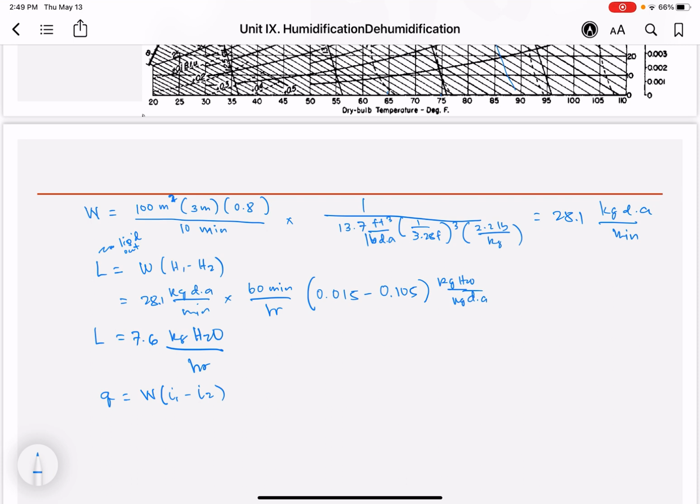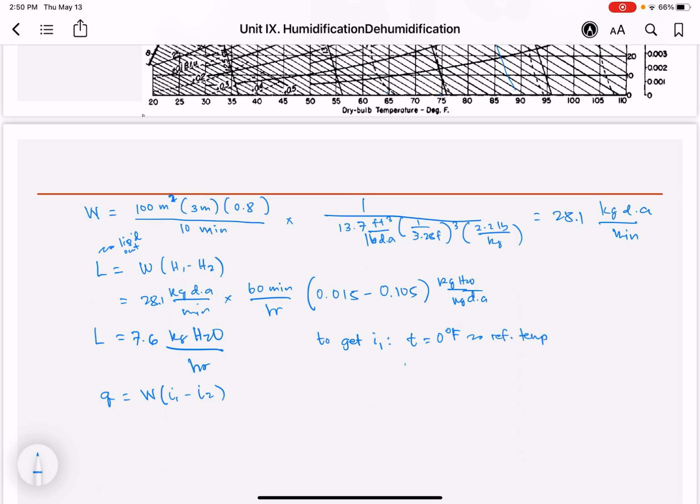If you are to get your I1, or enthalpy at point 1, we can take note that we also have equation 9.10. If you use a reference temperature of 32 degrees you're given here, or I can also use 0 degrees reference temperature so I don't have to subtract 32. So if I want to use a reference temperature of 0 degrees F, take note, this is the reference temp.